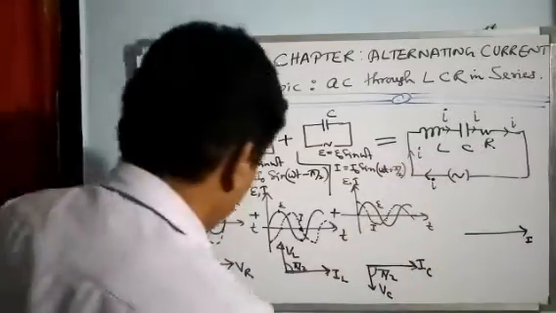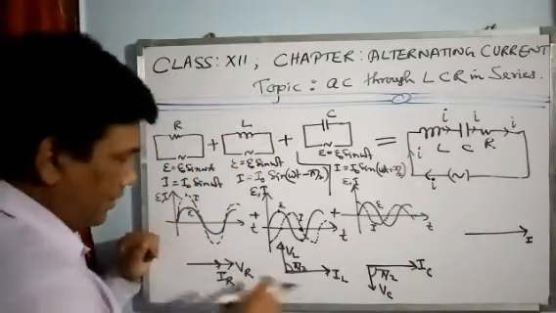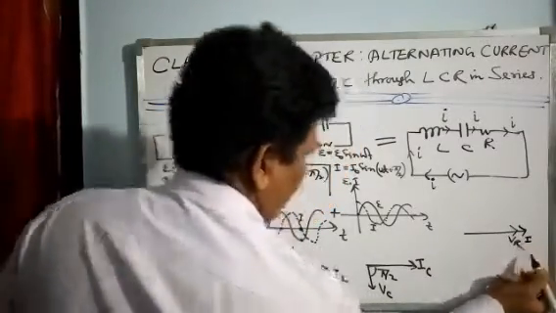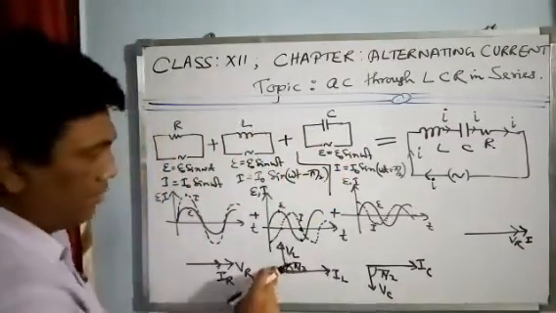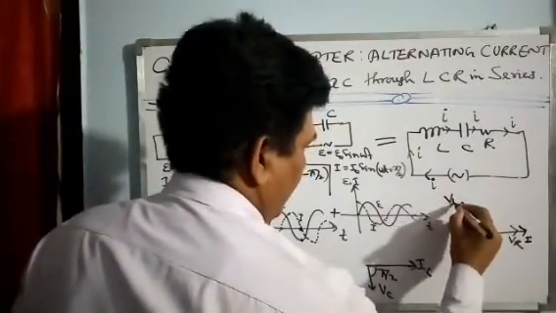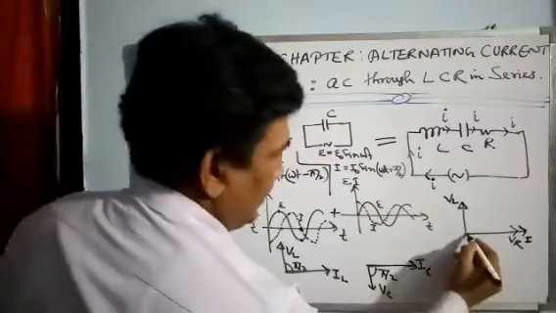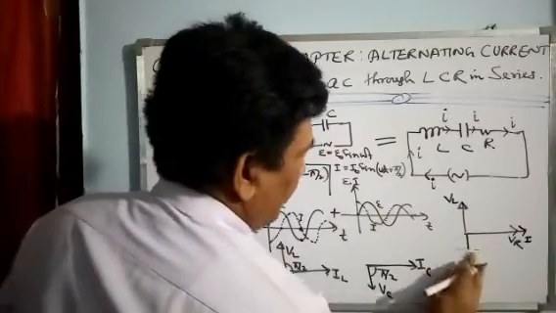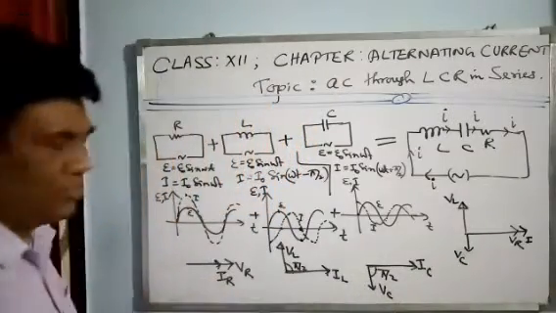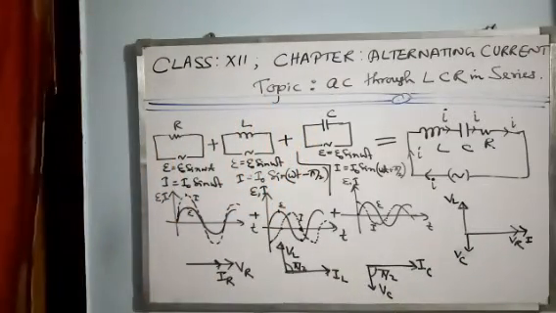Now think of VR. VR is overlapped with this. Now think of the inductor. This is VL, this is VC. What I have done is overlap all three phasor diagrams.